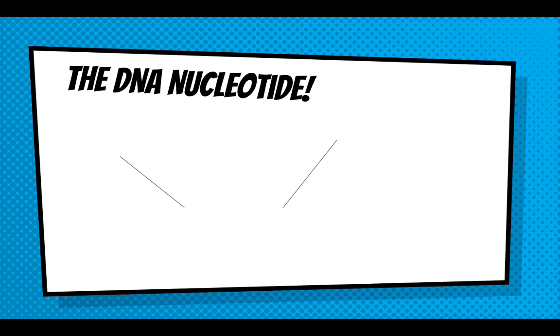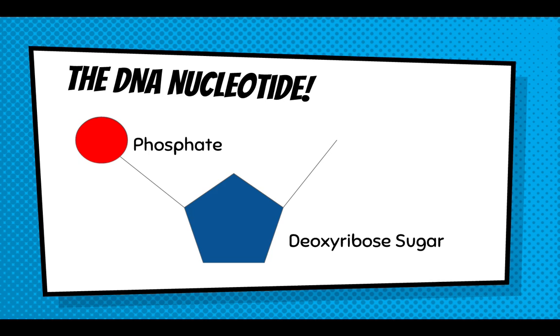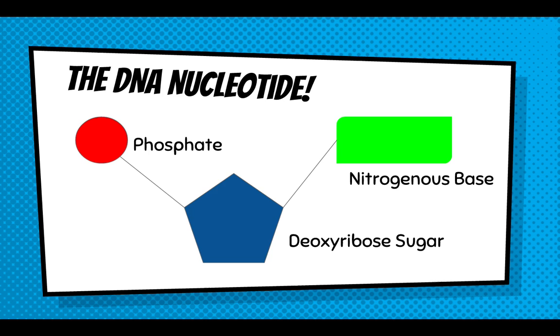A DNA nucleotide has 3 parts, and remember that a nucleotide is the building block of nucleic acids, things like ATP, RNA, and DNA. The DNA nucleotide has 3 parts. The first is the phosphate, the second is the deoxyribose sugar, and the third is a nitrogenous base.